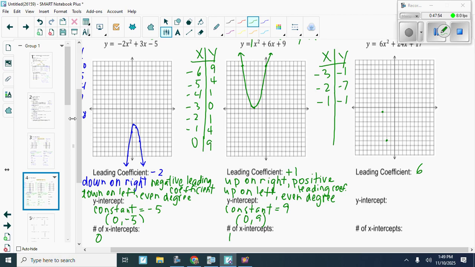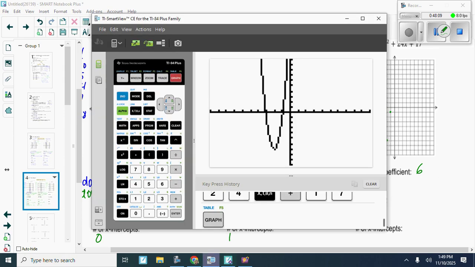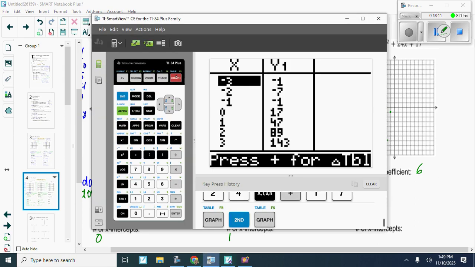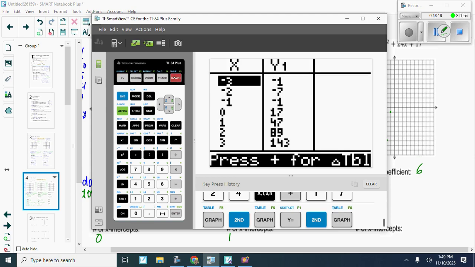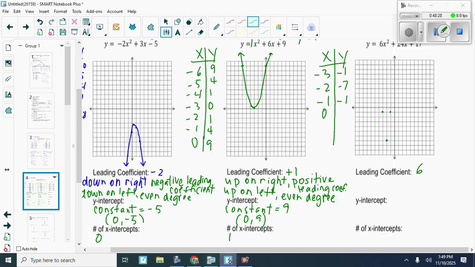We have to make sure that we get our vertex and just a few points. We want to make sure that we know what our values are when x is equal to 0. So make sure that you head over to your table of values. 6x squared plus 24x plus 17, that's right. Table of values: 0, 17.